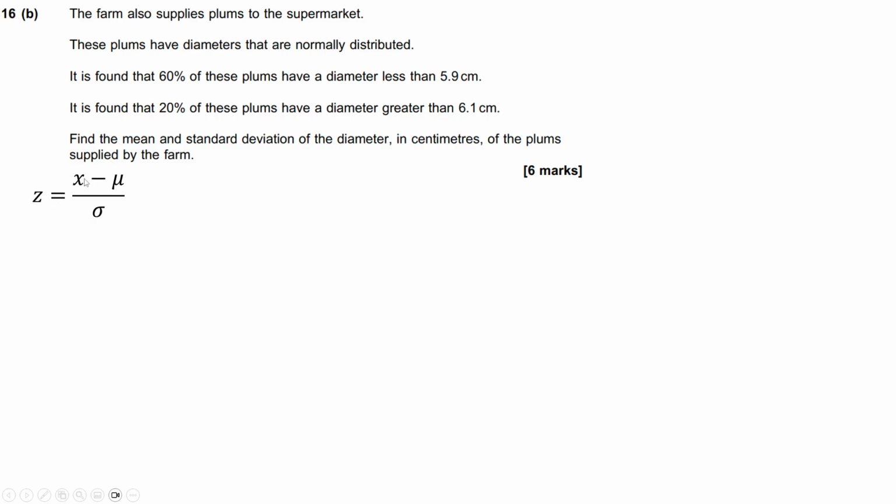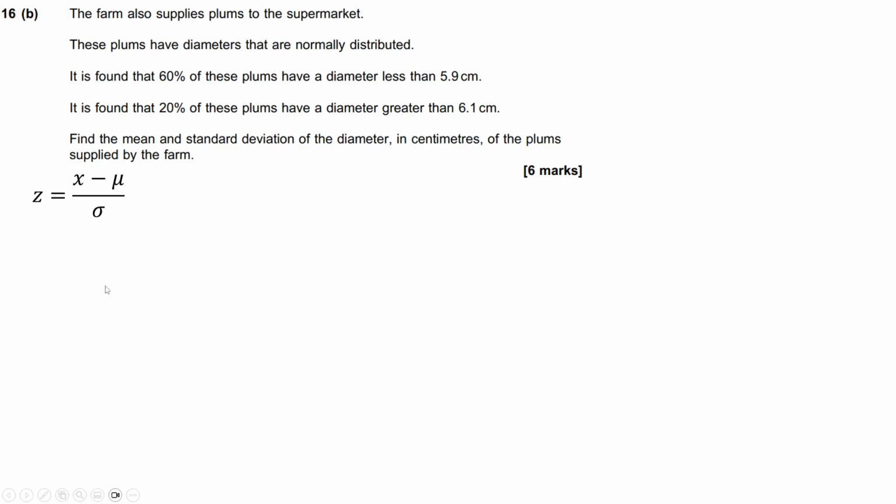And this comes from, first of all, we take our observed value, so in this case, for the first one, it would be 5.9, and we shift it by the mean, and then we scale it by the standard deviation. If you imagine it's like a transformation, if we're subtracting mu, we're moving it to the right by whatever the mean is, and then if we're dividing by the standard deviation, we're effectively timesing all of the x-coordinates by sigma.